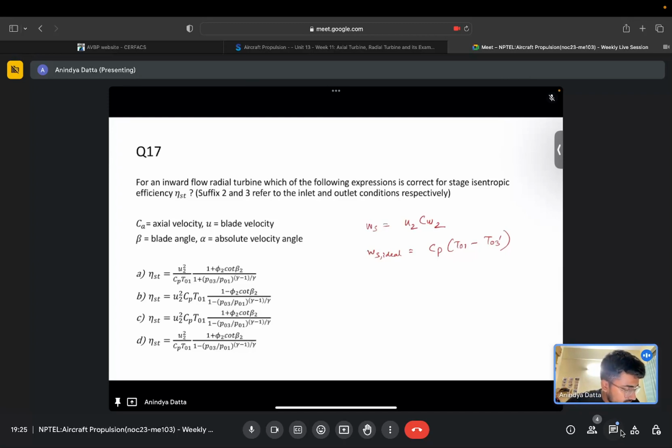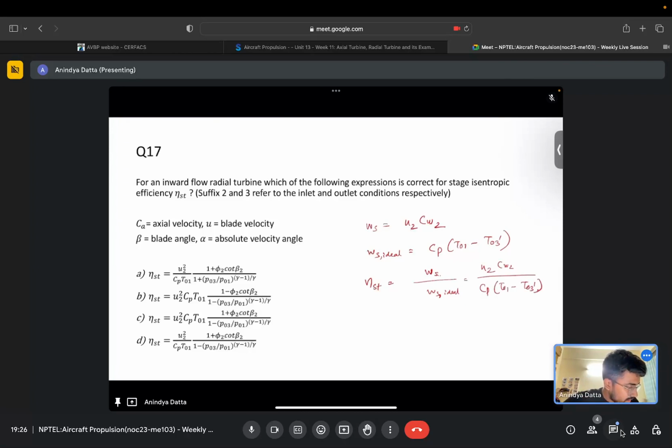So this we can write. Our stage efficiency is defined as the actual work divided by ideal work, right, for turbines. So this is U2 CW2 divided by Cp times (T01 minus T03 prime).